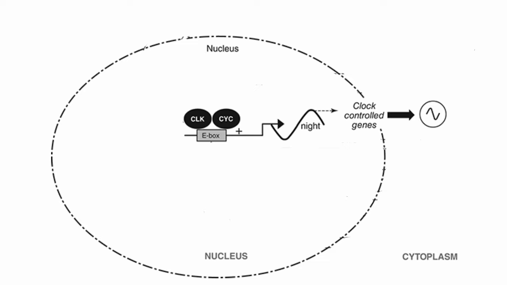So Clock and Cycle are transcribing genes in a circadian rhythm. This sine wave symbol with night under it shows that the peak of transcription is happening at night, which is what we saw in timeless and period. Peak mRNA is early subjective night.